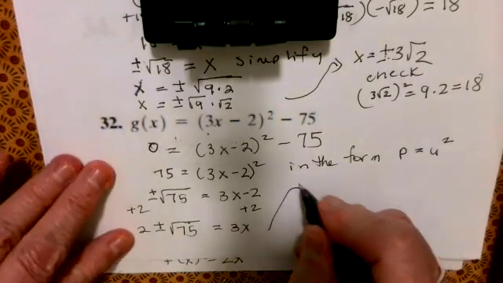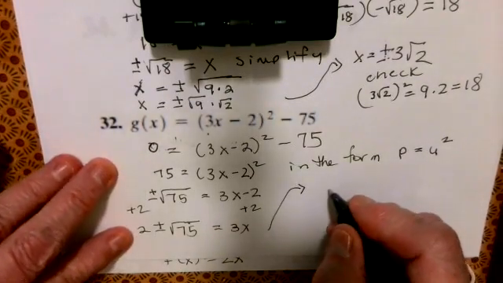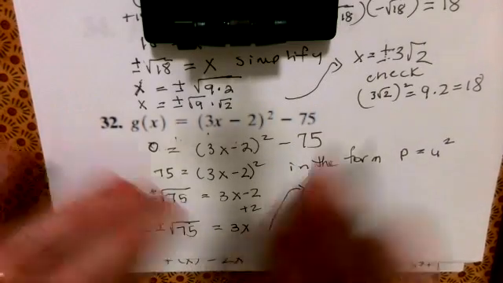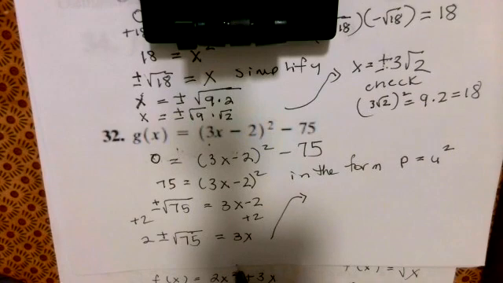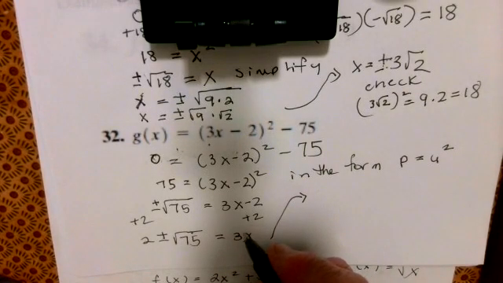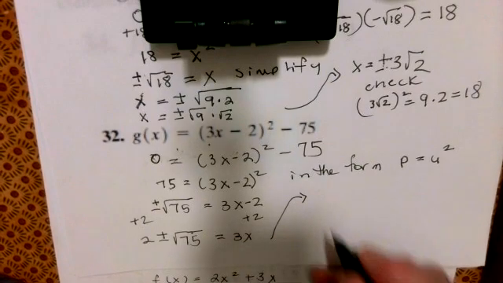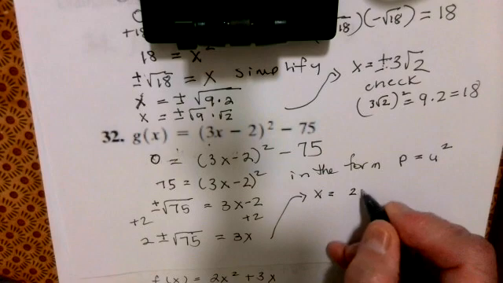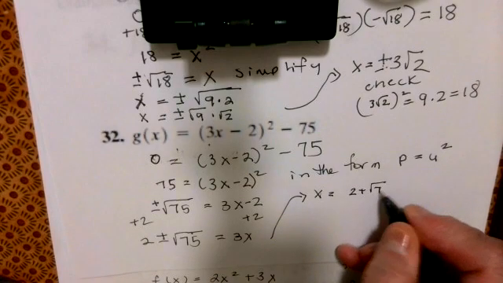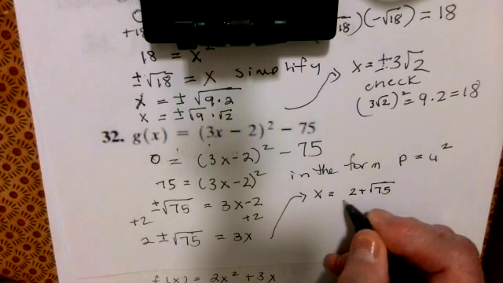Okay, then I will go ahead and divide by 3. So x is going to be equal to 2 plus or minus the square root of 75 divided by 3.